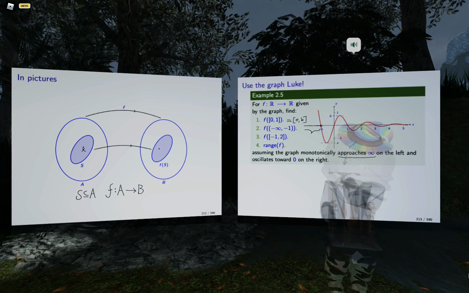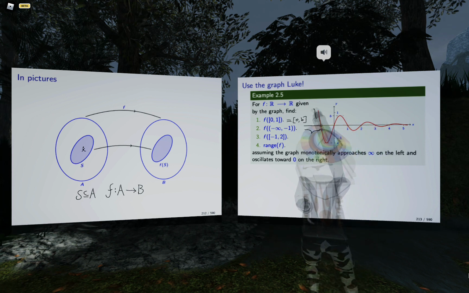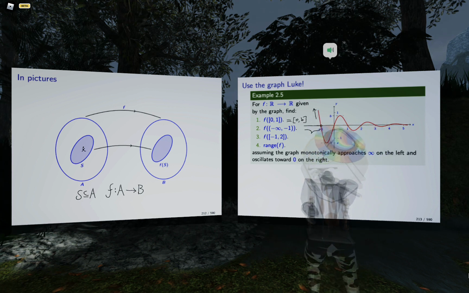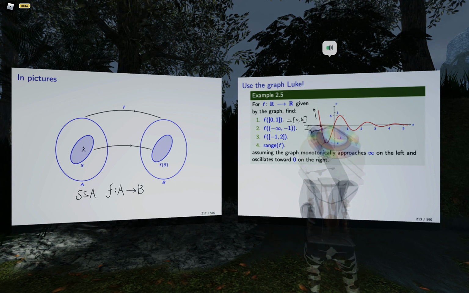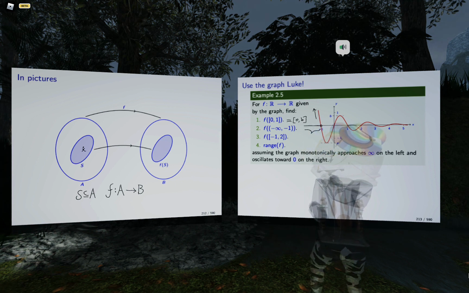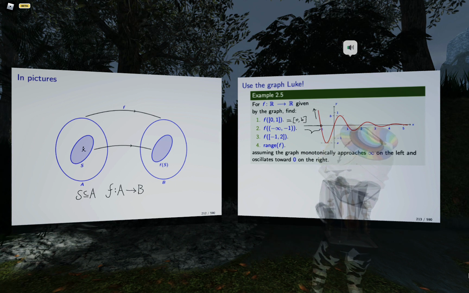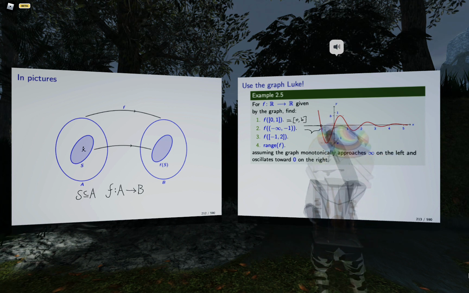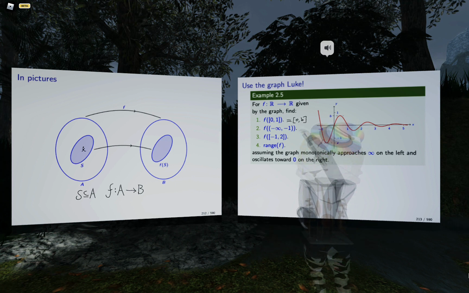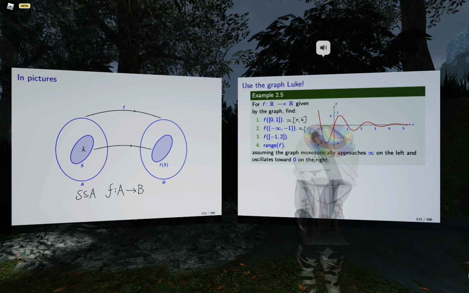Assuming the graph monotonically approaches infinity on the left. So we're supposed to assume that it just goes up to infinity there. So I'm going to get arbitrarily large values by going far enough to the left. Okay, so I've got all values that are large, and minus 1 maps to 0. I'm not going to get 0 in my image, but I'm going to get everything that's bigger. So this looks like it is (0, infinity).